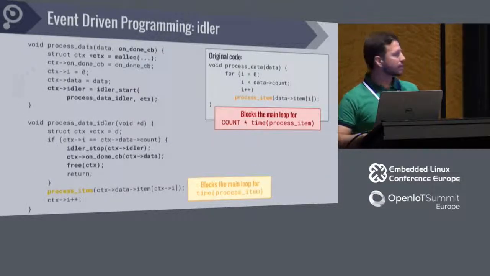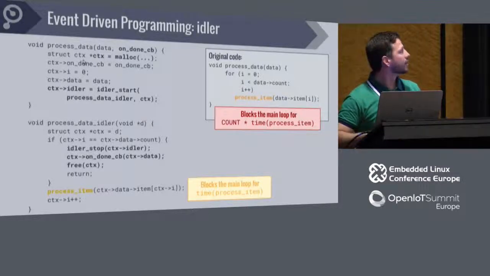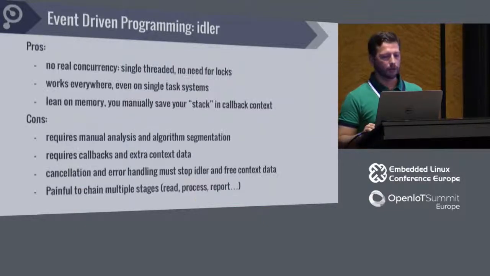If you compare this to a thread, here your context is not a full 4K stack, right? It's like one pointer, one integer, and then another pointer here, right? It's small, so it's very lean on memory.